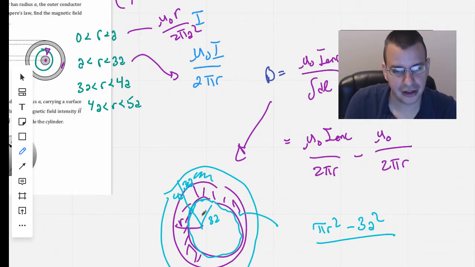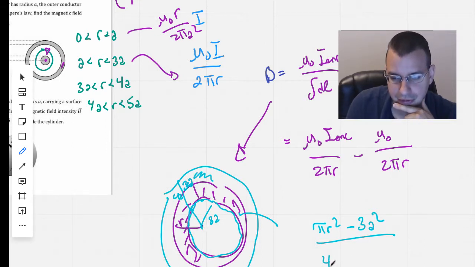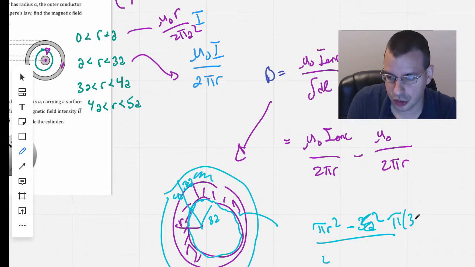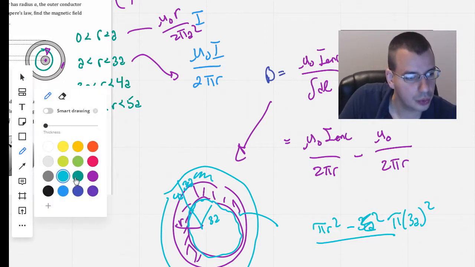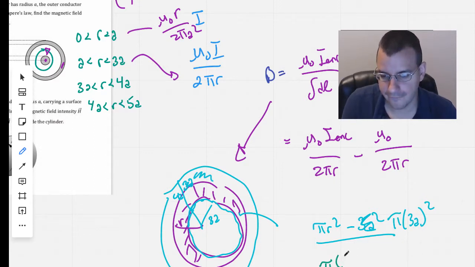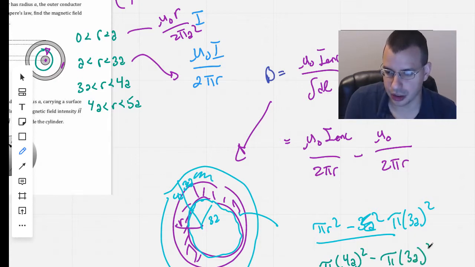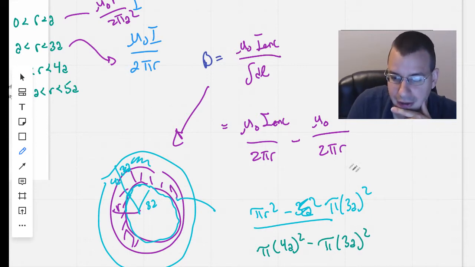And then the area of the bigger ring, the 3a to 4a ring, would be pi 4a quantity squared minus pi 3a quantity squared. Because you see how they both have this pi 3a squared on the bottom.